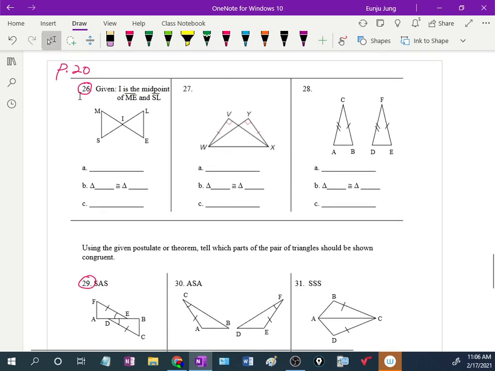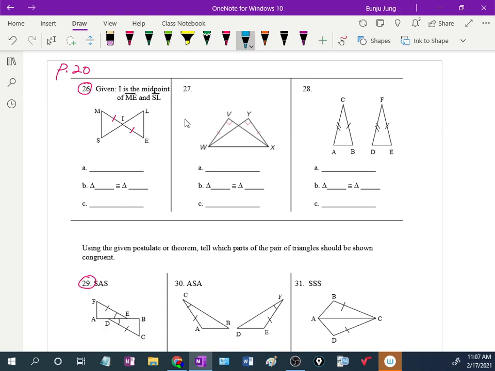Question number 26. Given condition: I is the midpoint of segment ME and SL. So this is the midpoint of ME. From that sentence, I can put the notations like that on the figure. So visualize that, okay? Put a notation. I is the midpoint of SL.